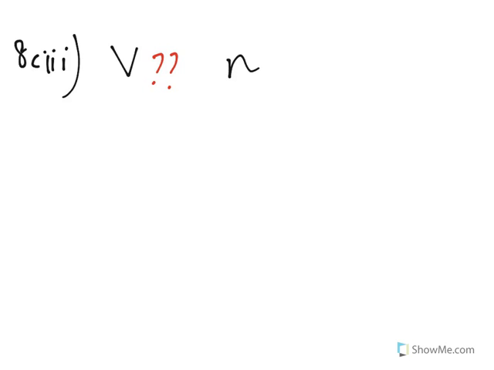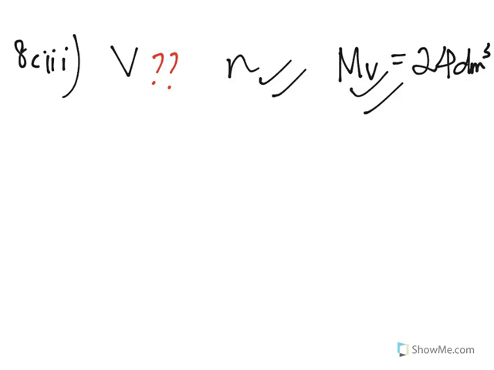So we have the number of moles from the previous question, and we have the molar volume, which is the volume of one mole of gas at room temperature and pressure, 24 dm cube in this case. So it means that 1 mole of any gas is to 24 decimeter cube.